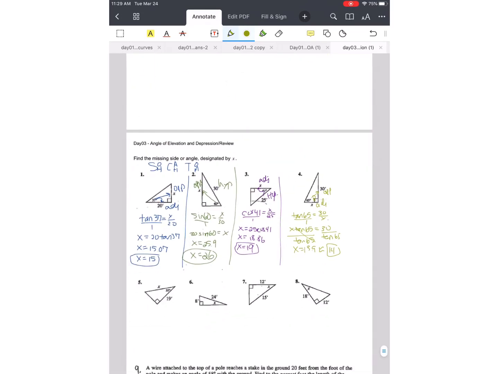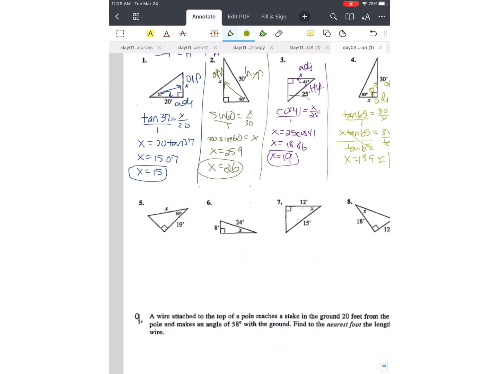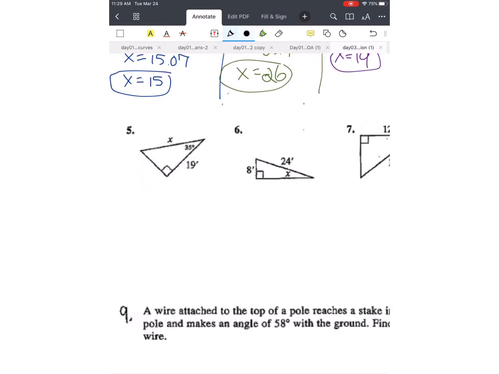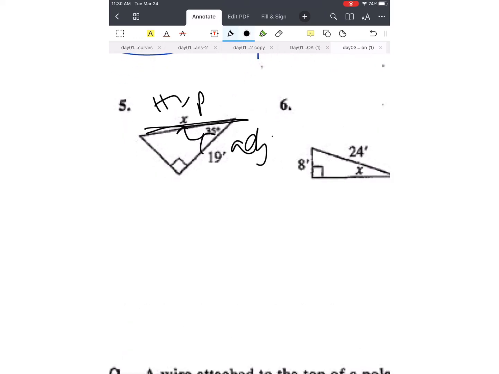Okay, hopefully you got those right. If you are looking at this, now let's go to this one. New color. I always do purple, so let's go to black. So this is the hypotenuse. This here is the adjacent. I know that one's the hypotenuse because it's opposite the right angle. So this is cosine.